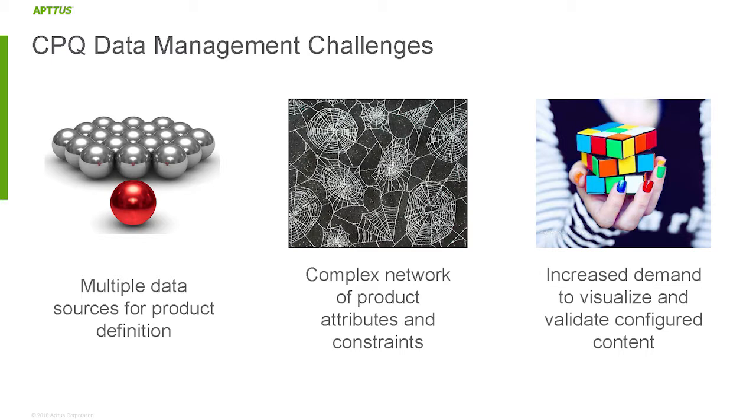When requirements around full spectrum CPQ become important and you have visions to actually digitize your products and combine products with services, with subscriptions, this challenge becomes even that much more complex.